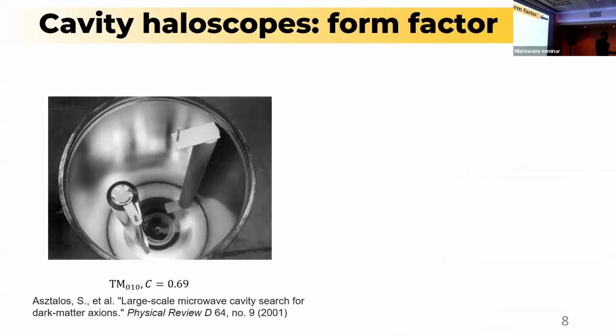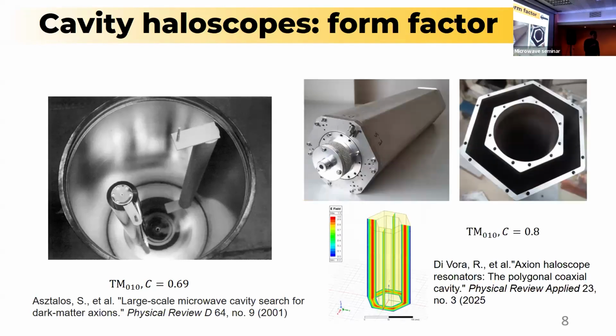If we compare with other cavity haloscopes and other strategies, we can see the following values for the form factor. We have a value of 0.69 for the empty cavity. This is just an empty cavity. We already know the limitation that the resonance depends on the cavity size, but with this form factor of 0.69. And there are several proposals, but among them, there is one that highlights a high form factor of 0.8.